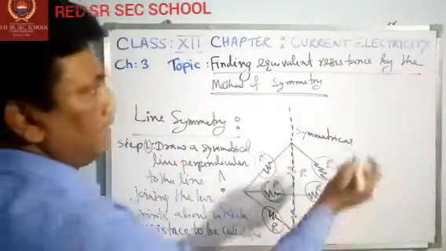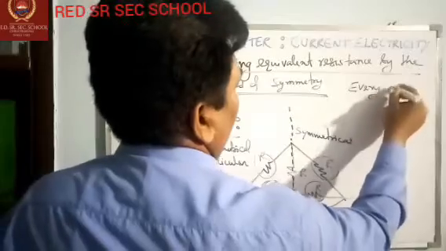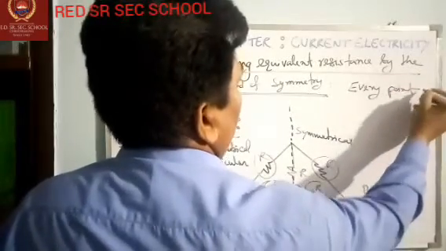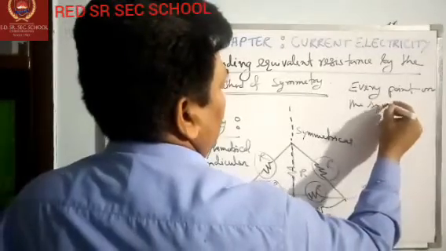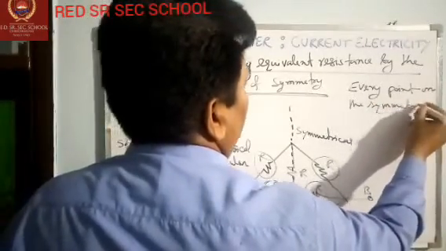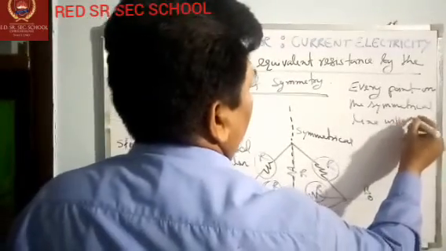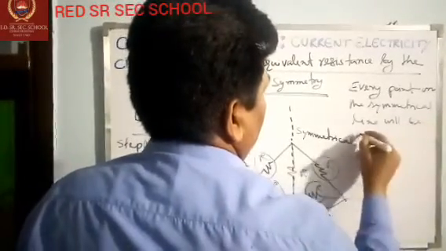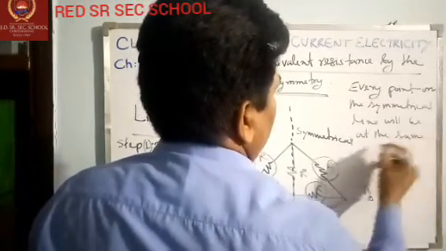After that only you can write: every point on the symmetrical line will be at the same potential.